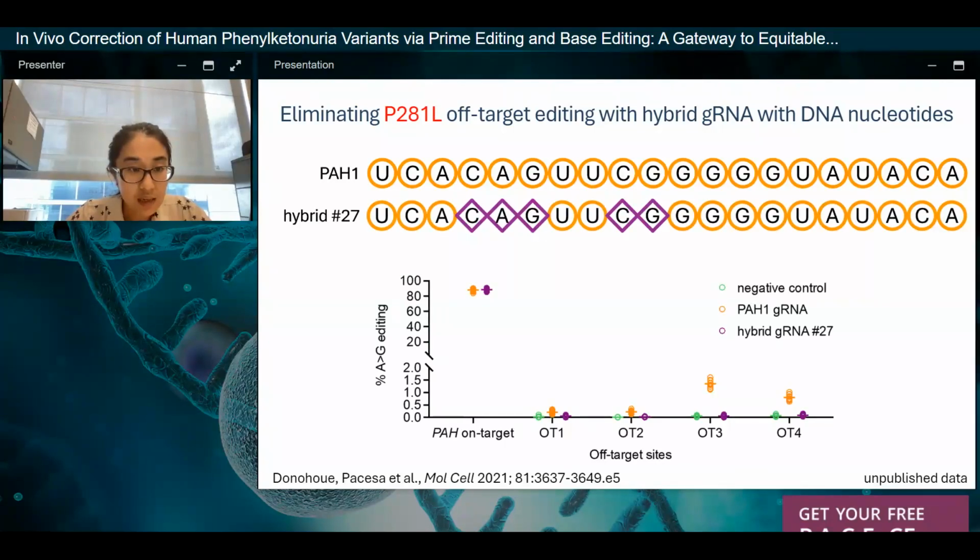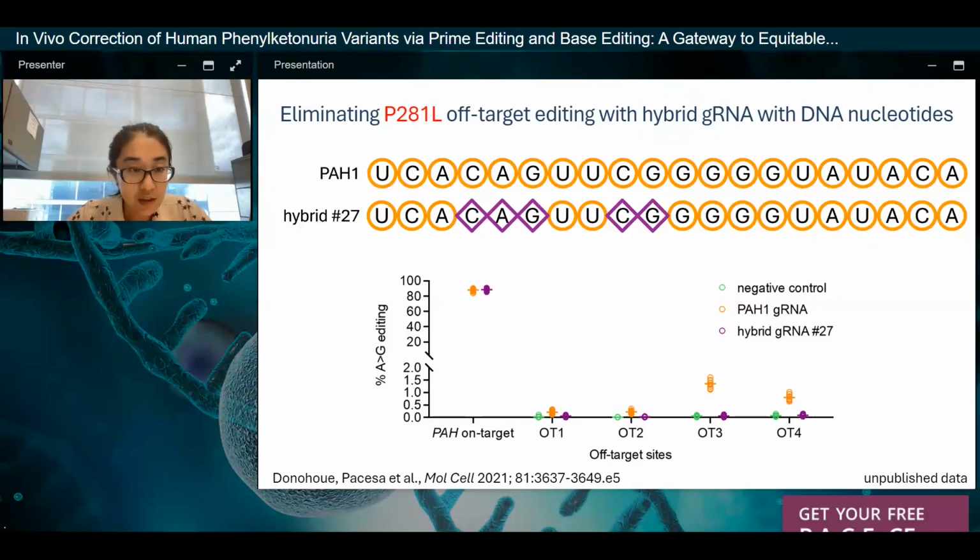As you can see, the 20 nucleotide spacer sequence of PH1, where the orange circles represent RNA bases, our hybrid 27, with the DNA nucleotide at the position indicated by the purple squares, was quite effective at reducing off-target editing.